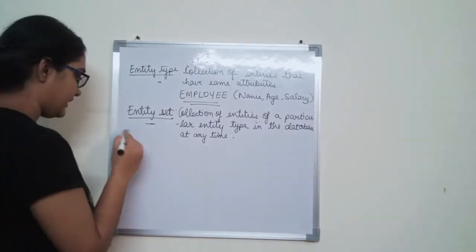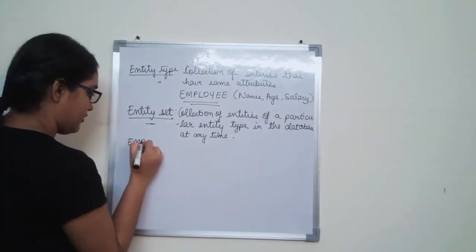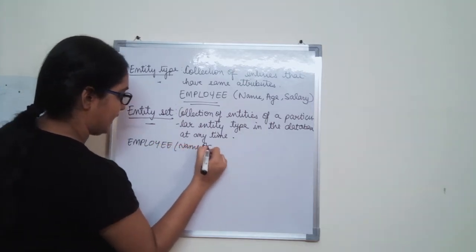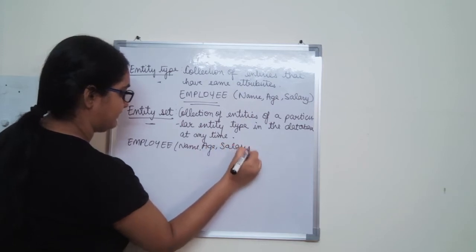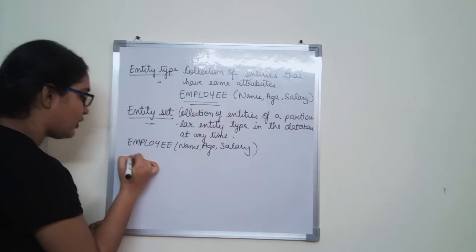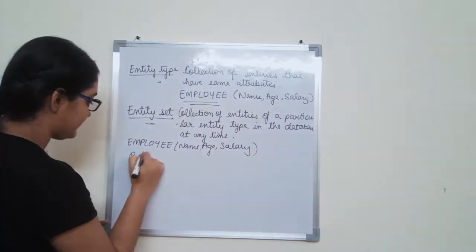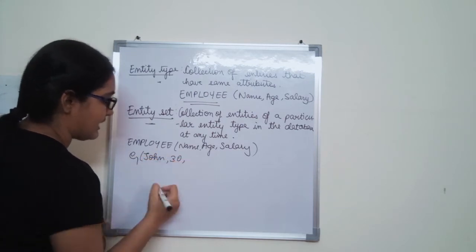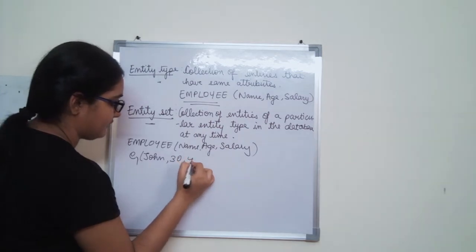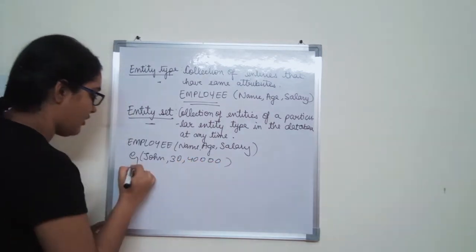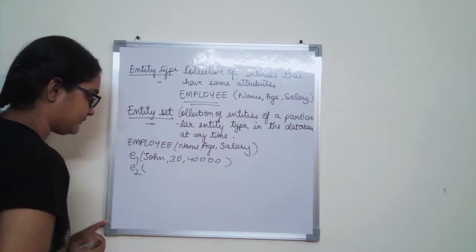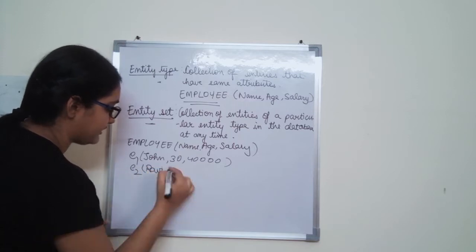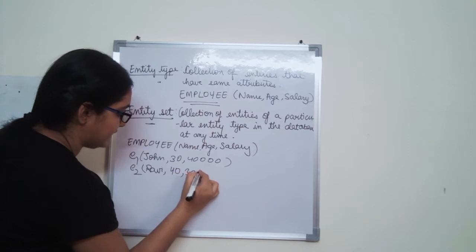Let me write it and show it. Let us say employee: name, age, salary. Now, if I have an employee E1 who has name as John and age as 30 and salary as, let us say, 40,000, or we have an employee E2, Ravi, age is 40 and salary is 30,000.